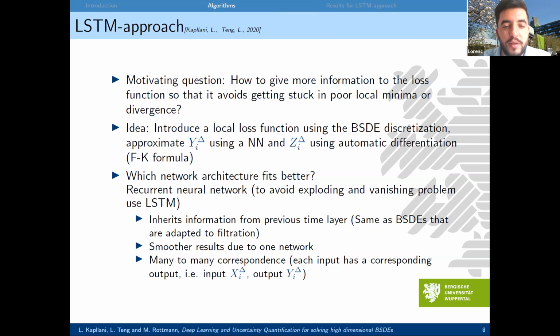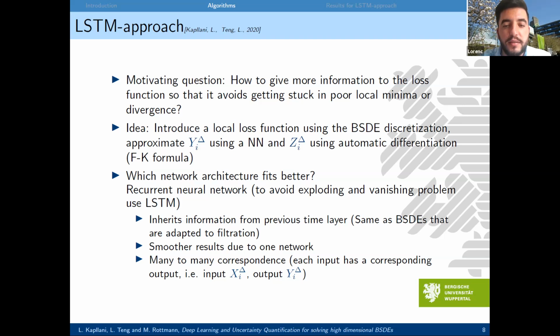Well, actually, recurrent neural networks would make more sense here, because now we have a local loss function in every time step, and this would be very nice for recurrent neural networks, because they also inherit the information from the previous layer to the next layer, which is the same as the BSDEs that are adapted to the filtration.